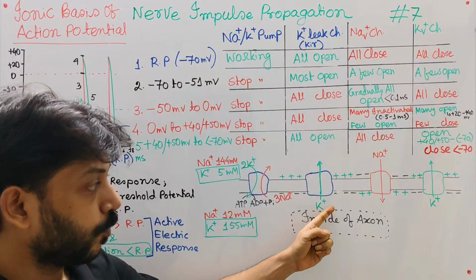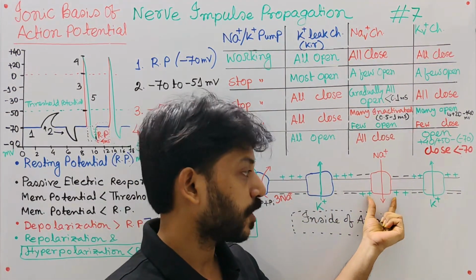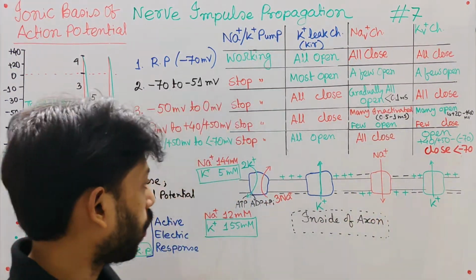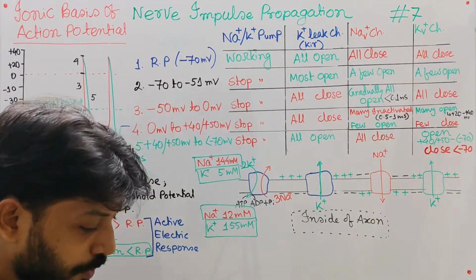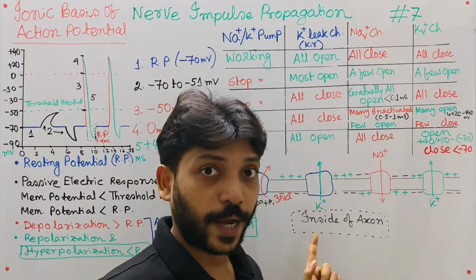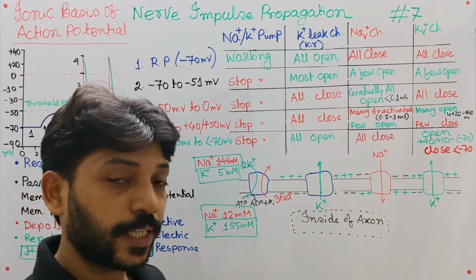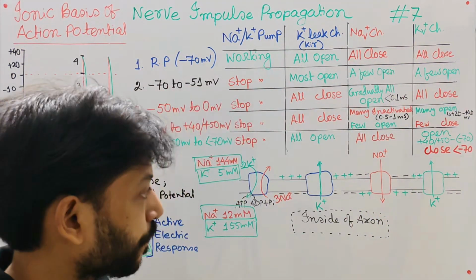That's why potassium will move from inside to the outside. Now, suppose these are sodium channels. If they are open, the sodium will come inside of the neuron because the outside concentration is higher than the inside. So this is the reason for the generation of the ion concentration gradient, and this gradient, or chemical force, is utilized by the ion channels.